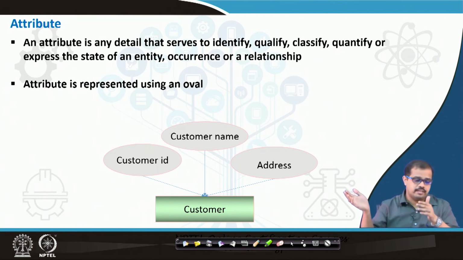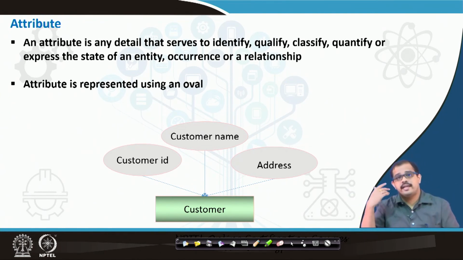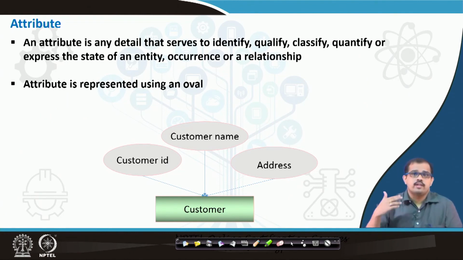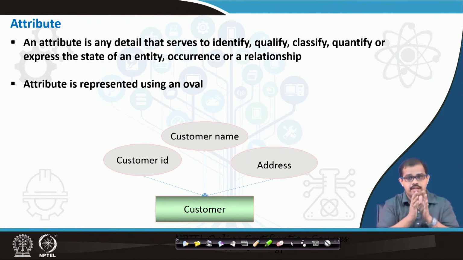A database should always have attribute information. This can be any detail, depending on what kind of system, what kind of user, and what kind of instance you are using the database for. It can be any detail that serves to identify, qualify, quantify, classify or express the state of an entity. So entity is a very important aspect.